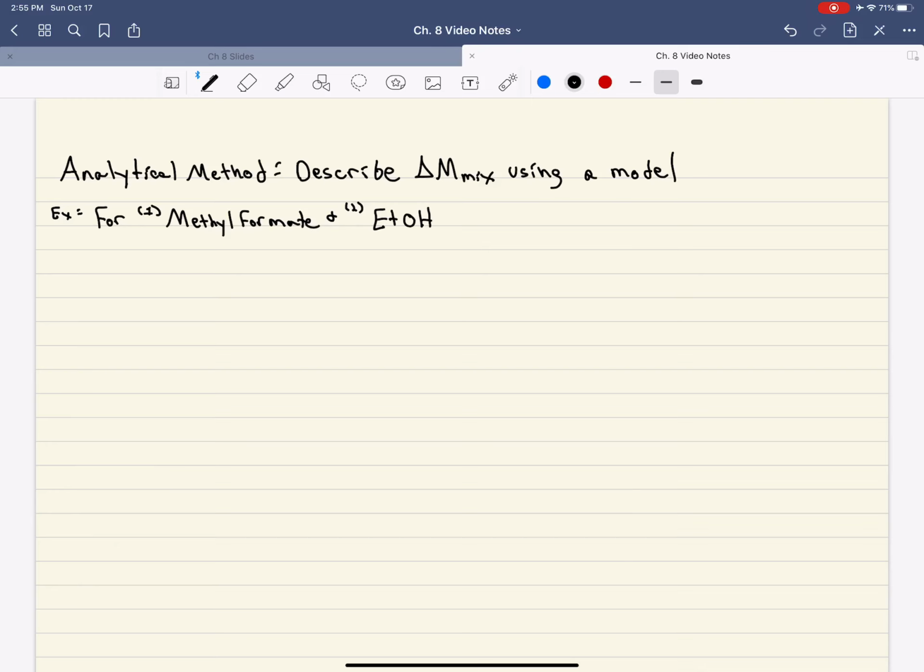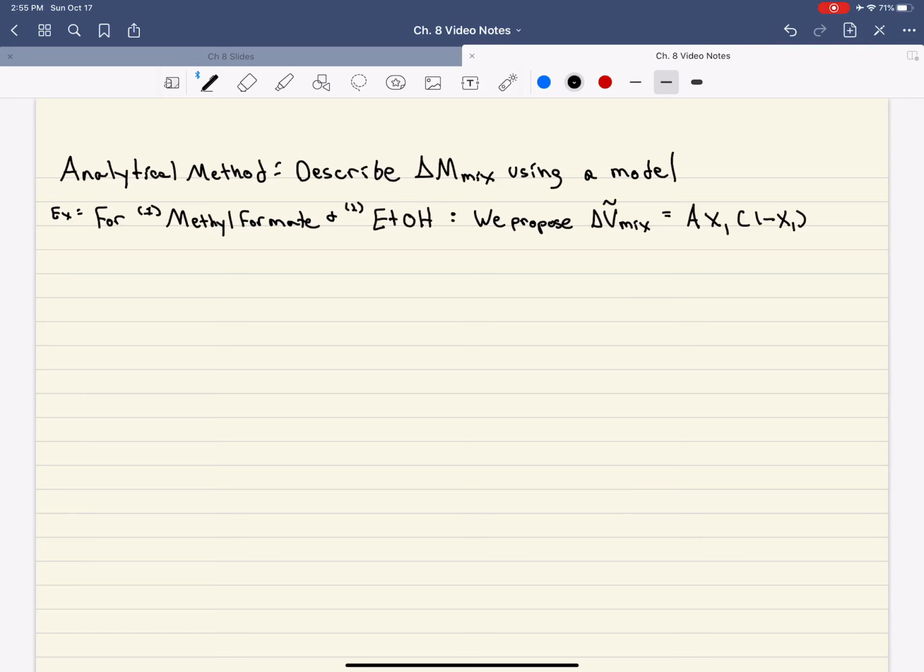And so, let's say it's been proposed, or that we're going to propose, that our molar delta V mix is going to be equal to A x1 times 1 minus x1, right?